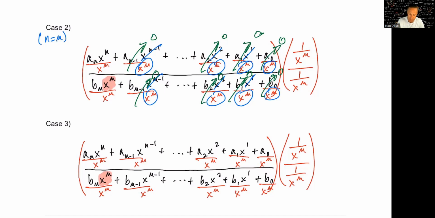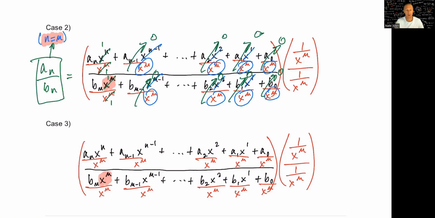But because they are the same here and here, then that means we know that these will cancel out to be a 1 since they're the same, and these would cancel out. And because they are multiplying, then the only thing that's left when we multiply something by 1 is itself, which yields an answer of whatever that coefficient is over whatever that coefficient is, when the numerator and denominator have the same degree.